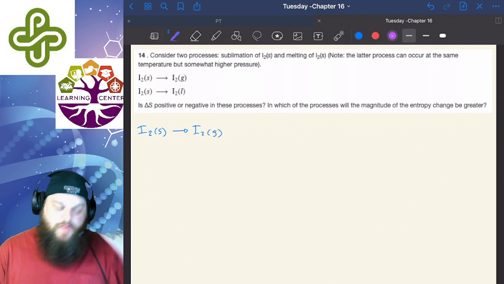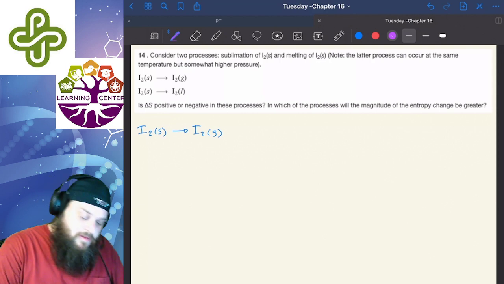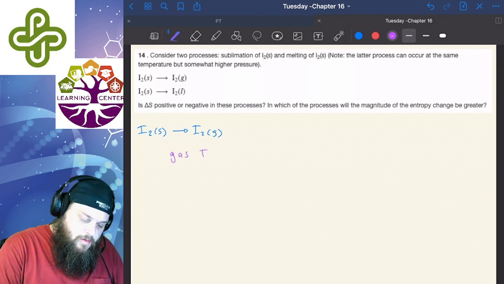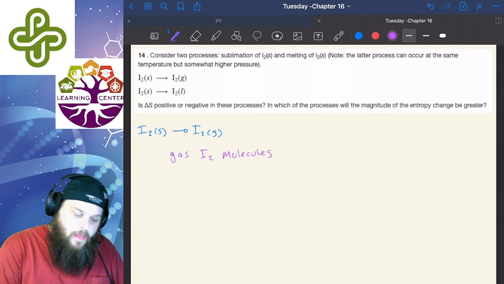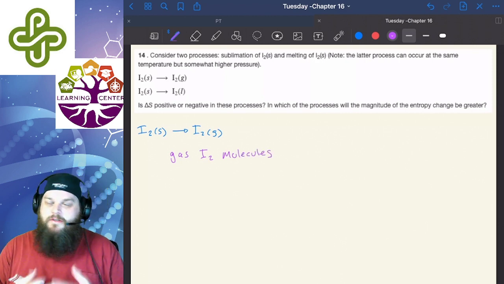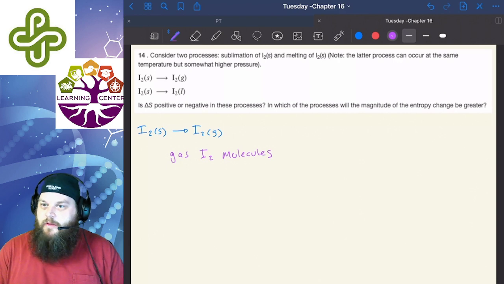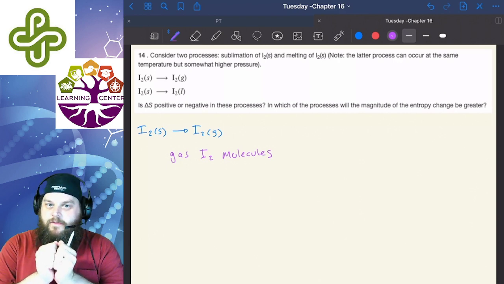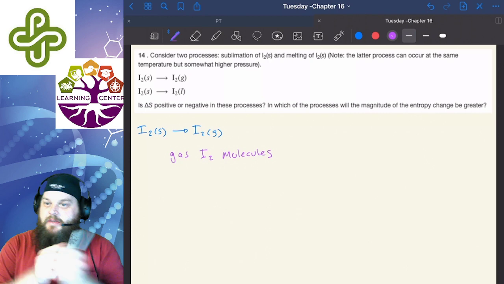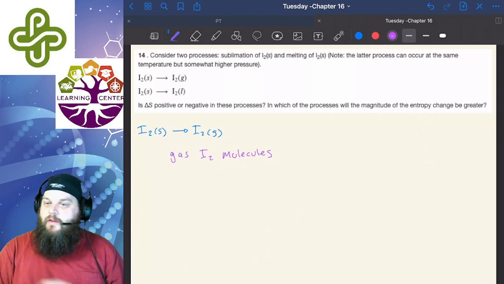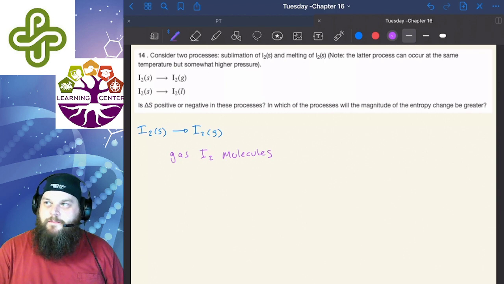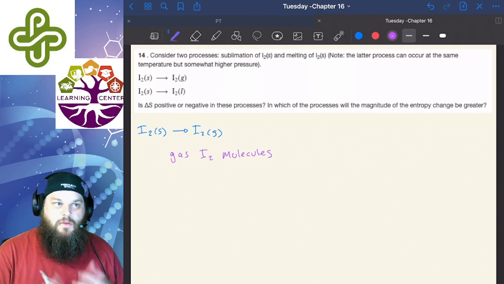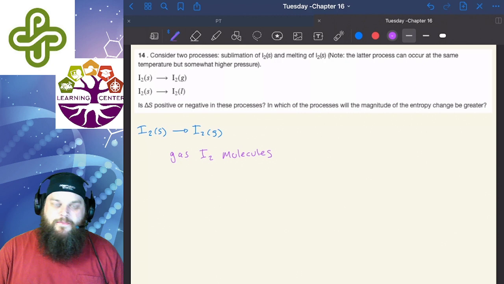So in this situation, the gaseous I2 molecules are going to have a lot more space to move around in. The solid is kind of rigidly stuck in one small space, where the gas is floating and all the molecules are moving around constantly. So that increase in possible microstates essentially will increase the entropy.